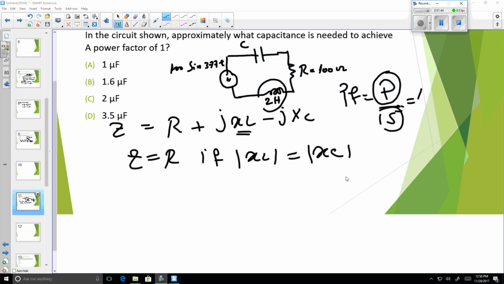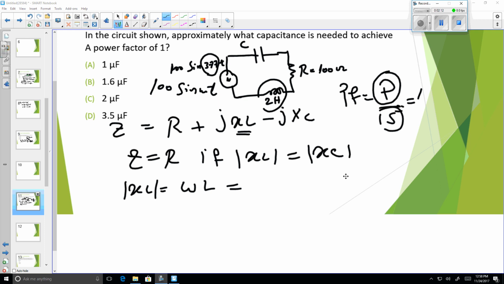So we need to find what XL is, the inductive reactance, which is just omega L. Now omega is given in the circuit, where the instantaneous value of the voltage is 100 sine 377t. That means it's in the form of 100 sine omega t, so omega is 377, which is 2 pi times 60 hertz.